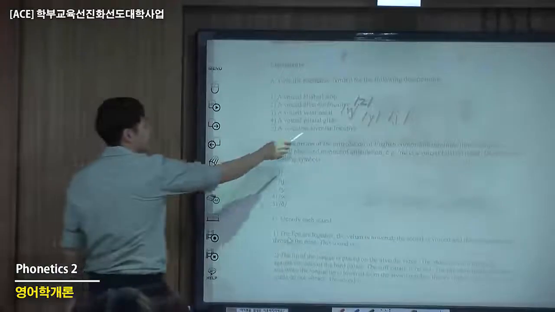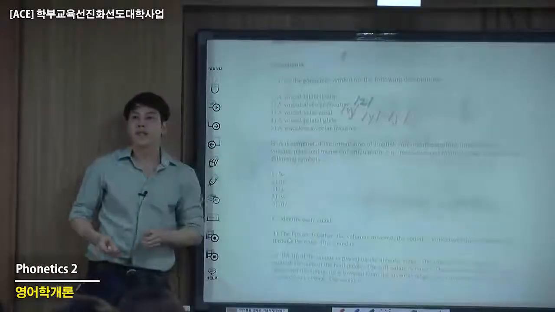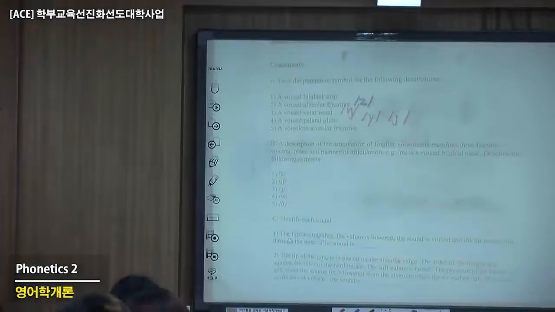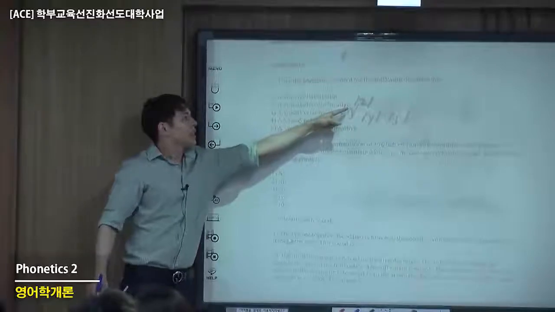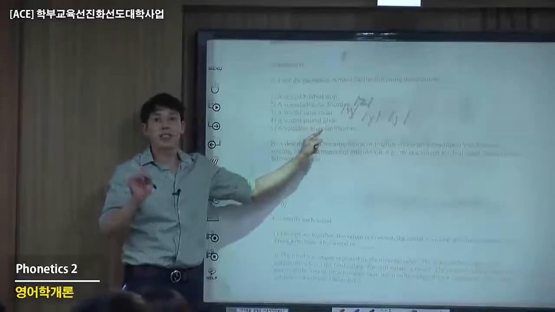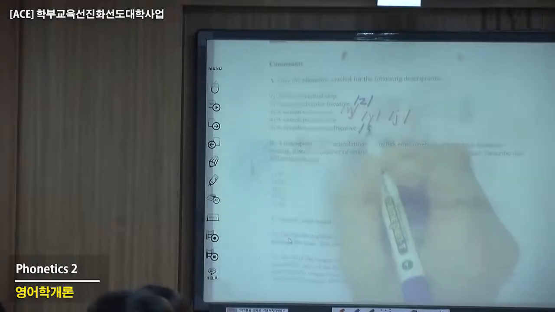Number 5, voiceless alveolar fricative, which is the opposite of number 2, right? So this is Z, so it has to be voiceless. It has to be S, right?